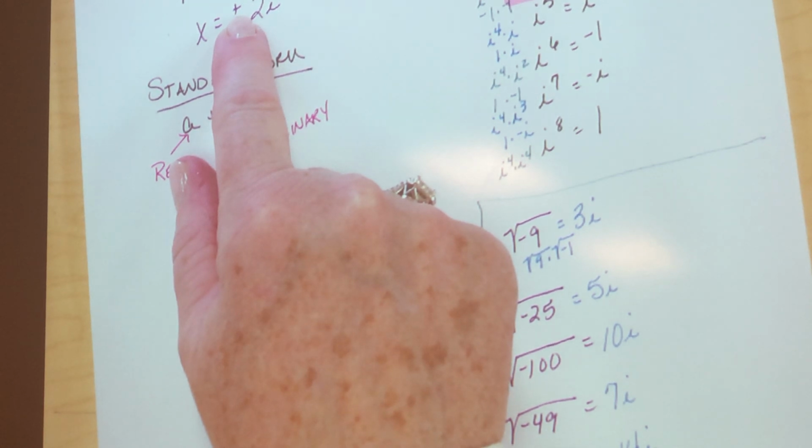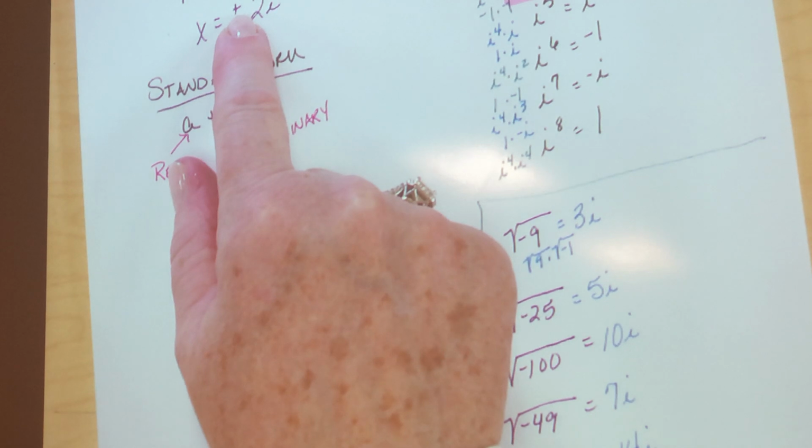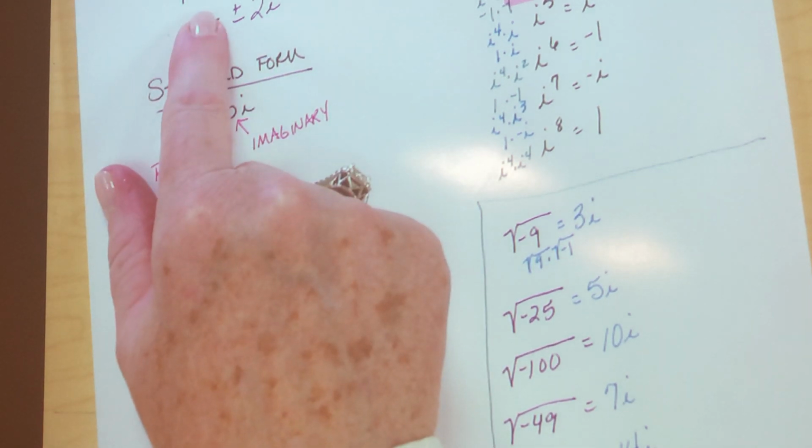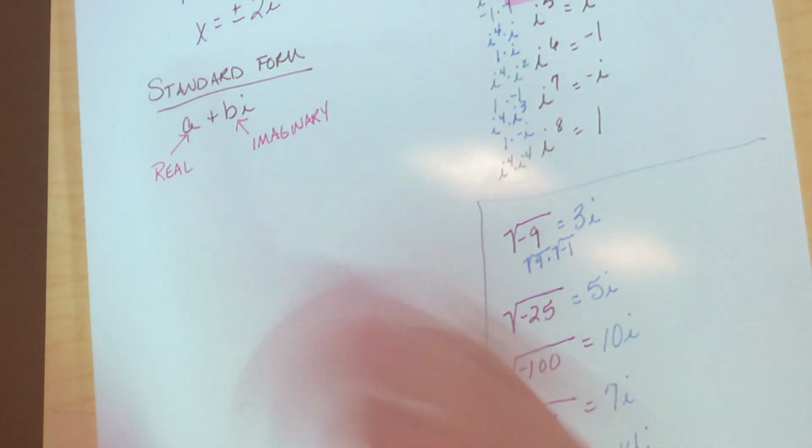If you don't have any money in the bank, what do you have in there? 0. Okay? So in standard form, this would be 0 plus 2i. That's the way they would write it on a standardized test. If they said put your answer in standard form, 0 plus 2i. It would just be the answer.